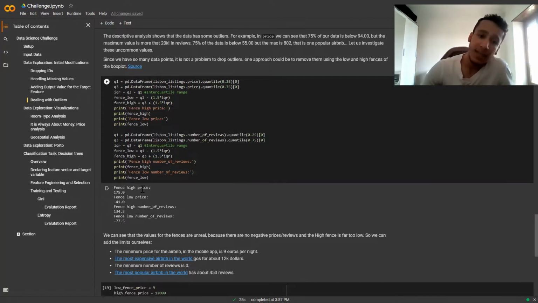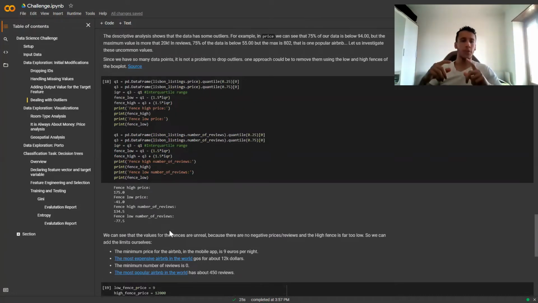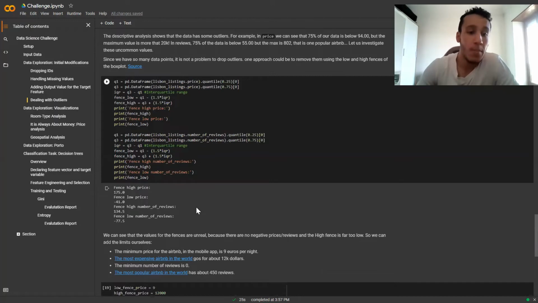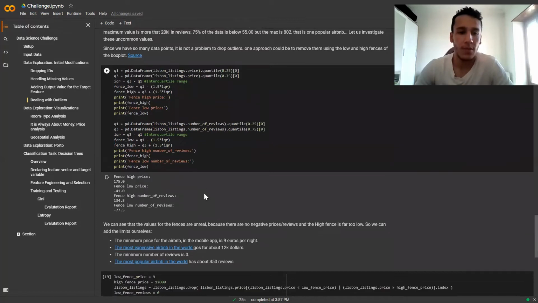After this analysis, we can see from the calculations that the high fence for the price would be 175, which is quite low, and the low fence would be 41, so that's impossible. The host would not pay us to go there. And for the number of reviews, the high number is quite high, but not bad. But we cannot have a negative number of reviews, so that's not going to happen.